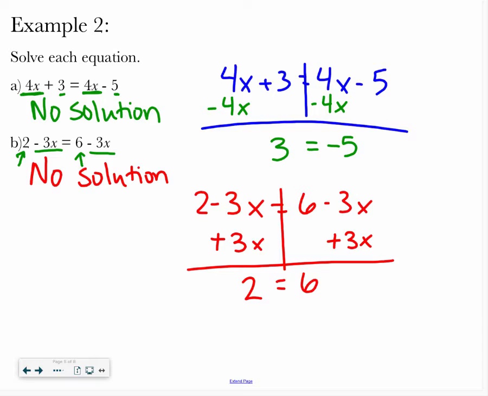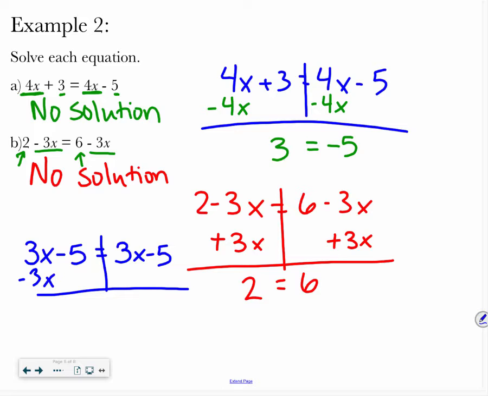You need to be careful though, because if instead, new example, I do 3x minus 5 equals 3x minus 5, and I subtract 3x from both sides, I'm left with negative 5 equals negative 5.